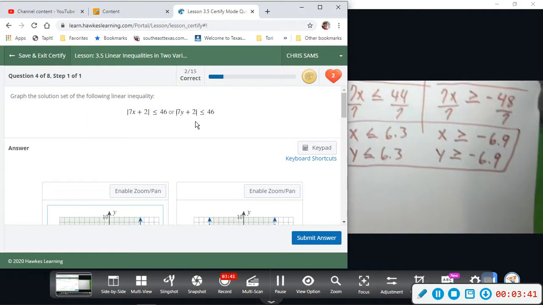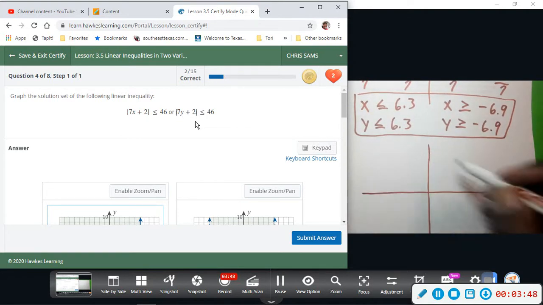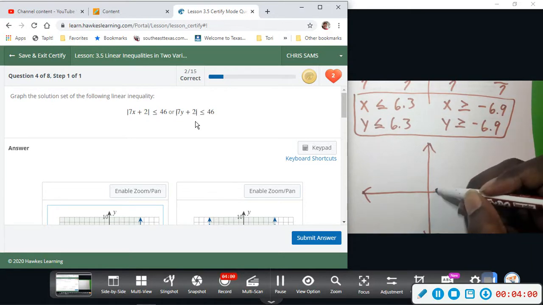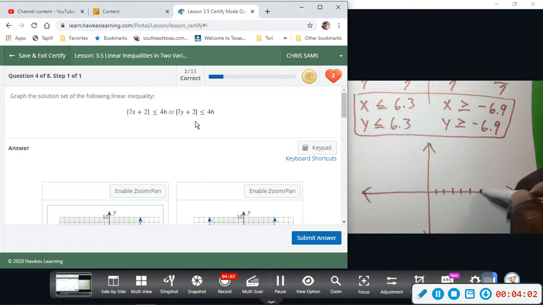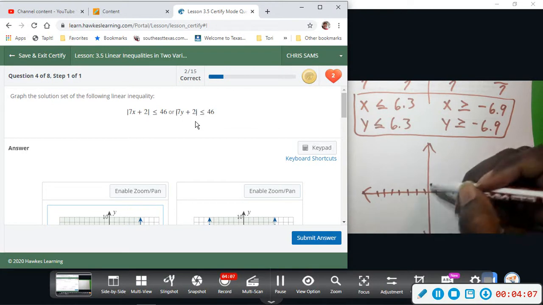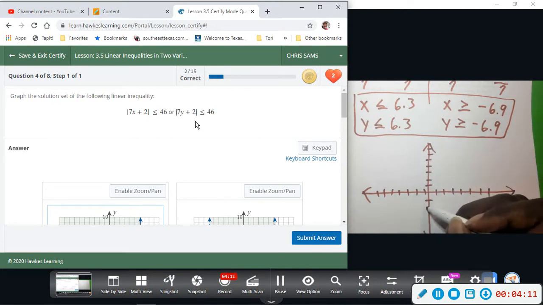So what I'm going to do first is draw an x and y axis. I'm just going to approximate. So we're going to go 1, 2, 3, 4, 5, 6, 7 in each direction.